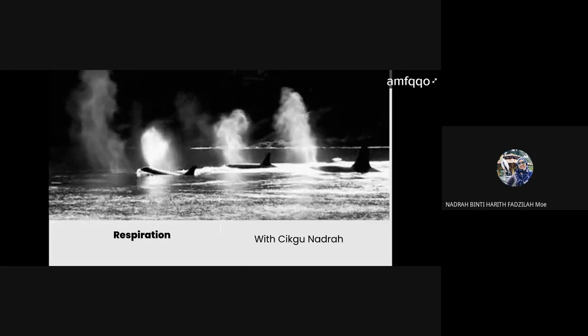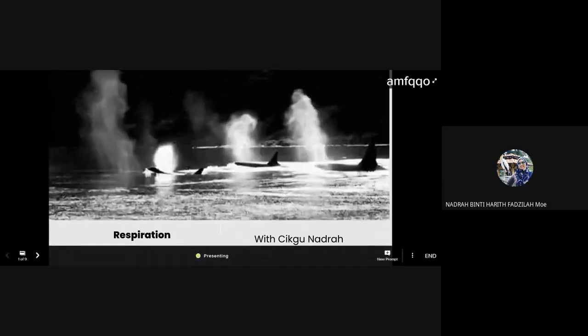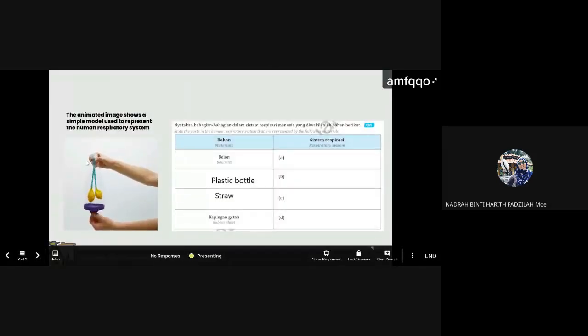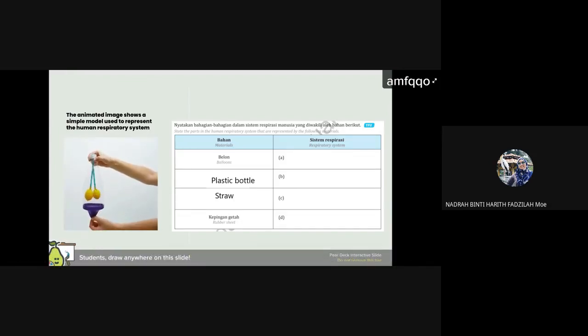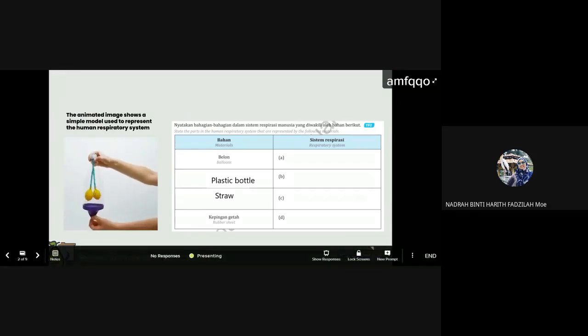Okay, so let's start. Today we are going to start with a simple model used to represent the human respiratory system. Di makmal, we use a glass bottle, but we can prepare the same model using materials that are available at our home. For example, the one that I'm showing you right now.